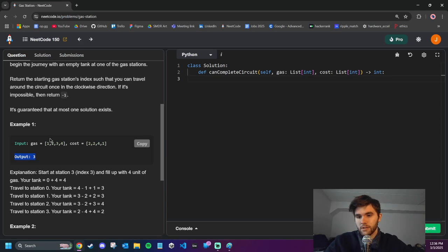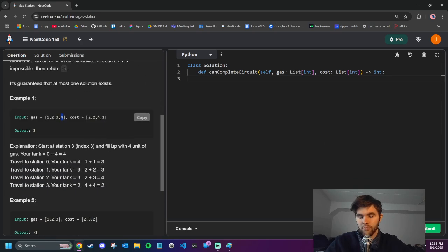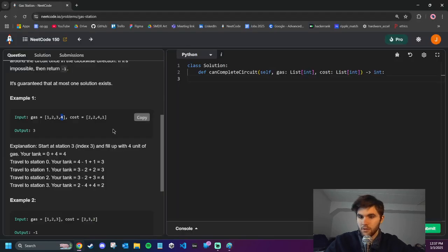So if we start at index 3, the gas is what? The amount of gas. Okay, we fill up with 4 units of gas, so our gas tank is at 4. Okay, and then it costs 1 to go to the next.